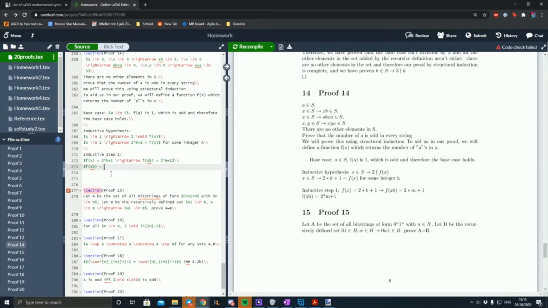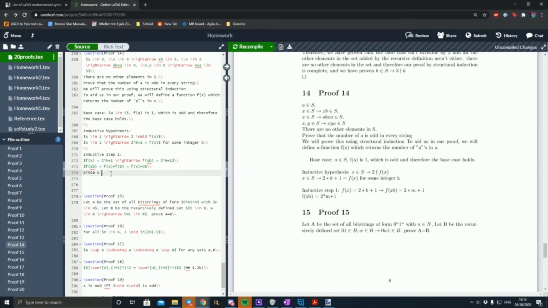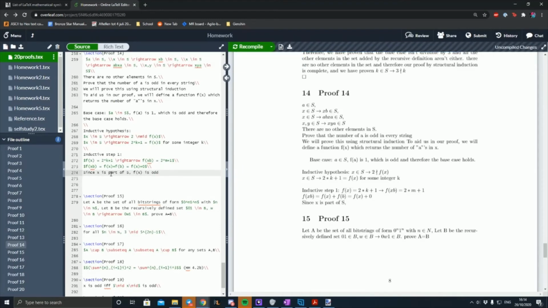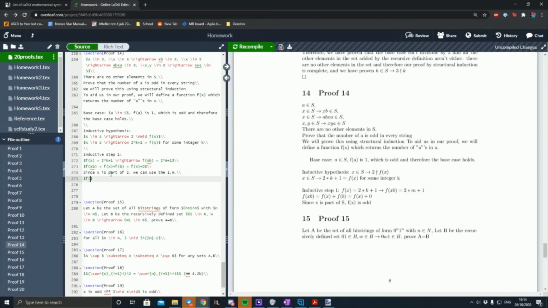f of xb is equal to f of x plus f of b, which is equal to f of x plus 0, since b has no A's. Since x is part of S, f of x is odd, or in this case, we can use the induction hypothesis.